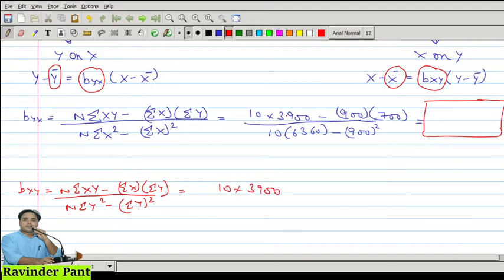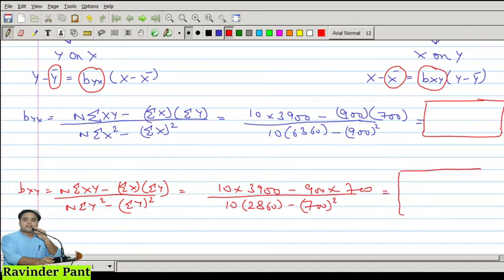So if you calculate the numerator, that is going to be same, minus 900 multiplied by 700, and then the denominator is 10 multiplied by 2860 minus 700 to the whole square. Now please tell me the value of byx and then bxy. You have got 2 minutes. Please solve this.